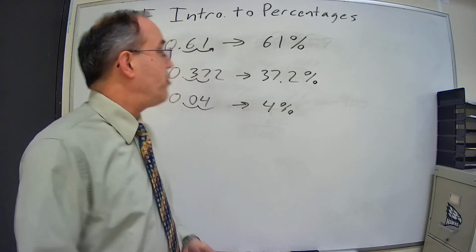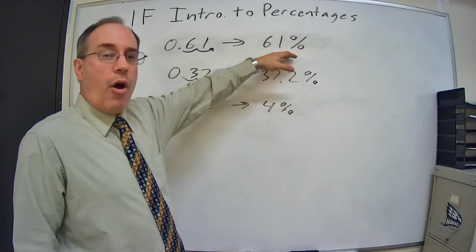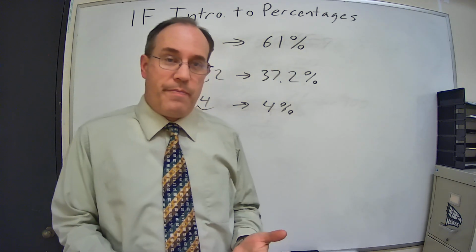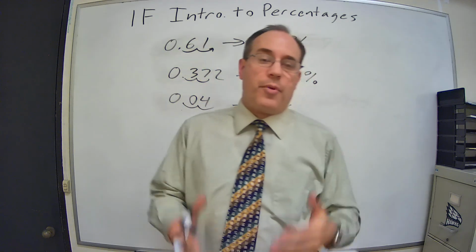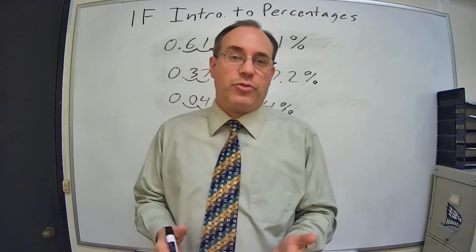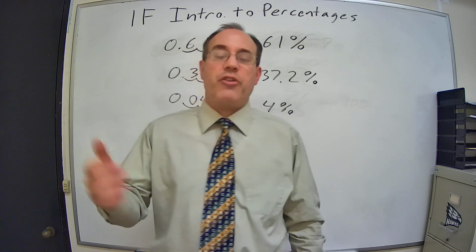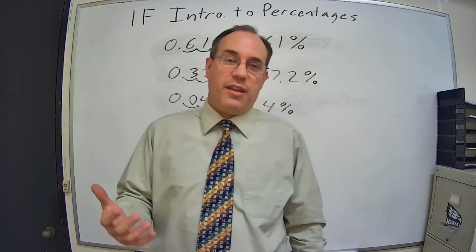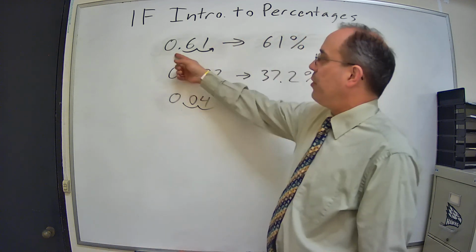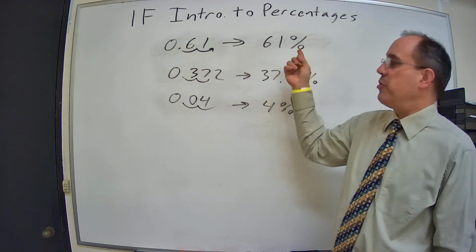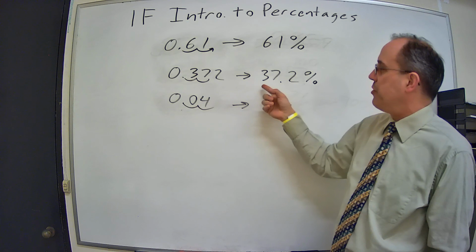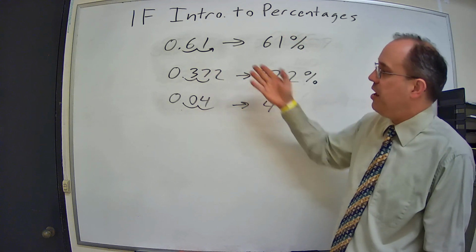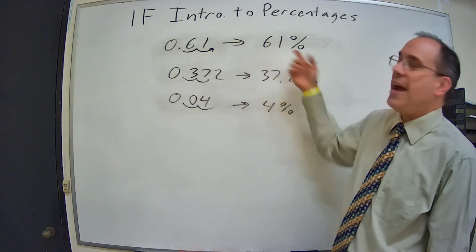Also, remember that your percents are always going to be larger numbers than the decimal equivalent. So whenever you're converting from a percent to a decimal or from a decimal to a percent, make sure that your percent is a larger number than the decimal form. 0.61, 61%. 0.372, 37.2%. The percent is always larger because the decimal comes from dividing the percent by 100.